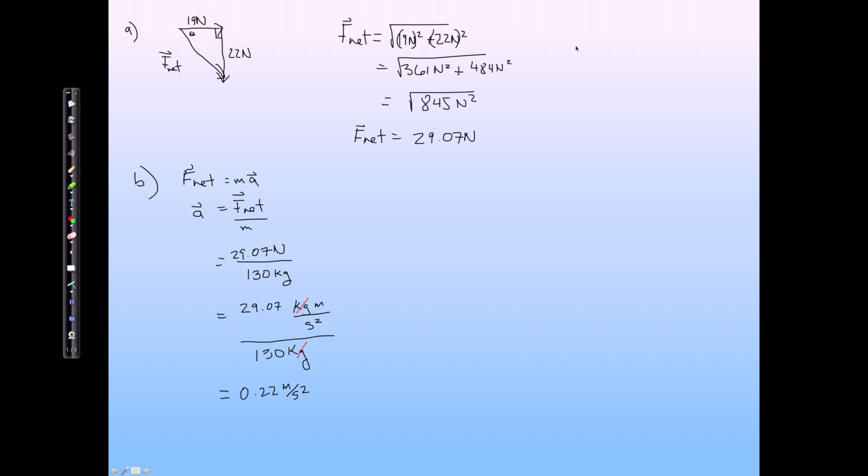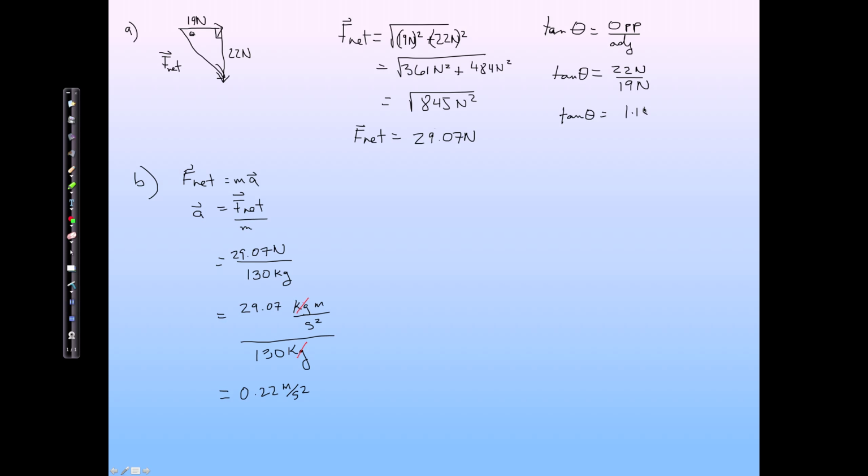So, looking at this theta, tan theta equals opposite over adjacent. So we'll say that tan theta equals opposite over adjacent equals 22 newtons divided by 19 newtons, and so tan theta equals 1.158.